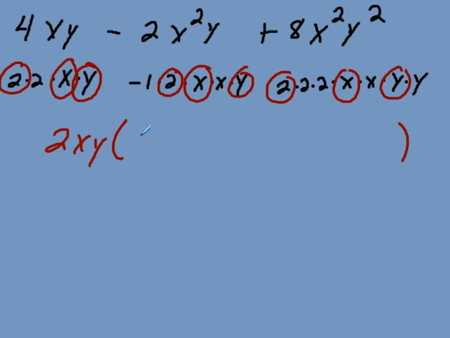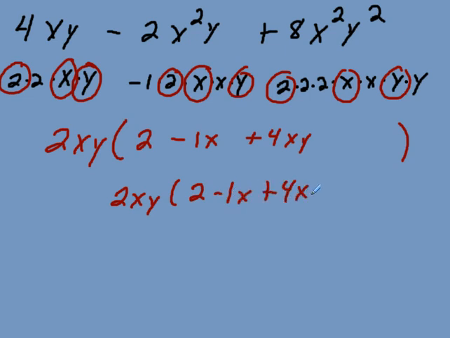So I have 2 in the first one, so that's 2, and then negative 1 and x would be a negative 1x, or just negative x, and the last one, 2 times x times y, so you have plus 4xy. And there's my final example. Let me make this look a little bit better. 2xy, parentheses, 2 minus 1x plus 4xy.